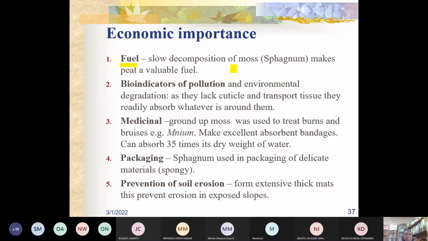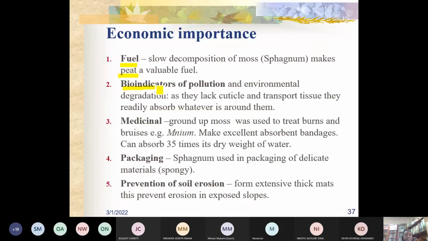Because they decompose very slowly, they're able to provide a fuel that we call peat, which is quite valuable. This is especially so in very cold areas, because the decomposition is very slow because of the cold weather.